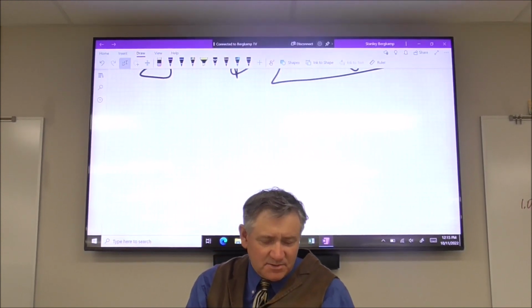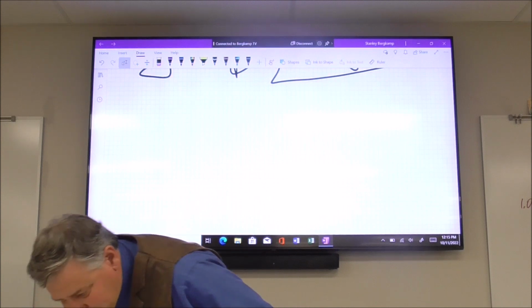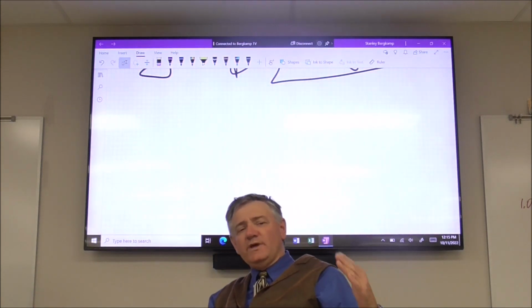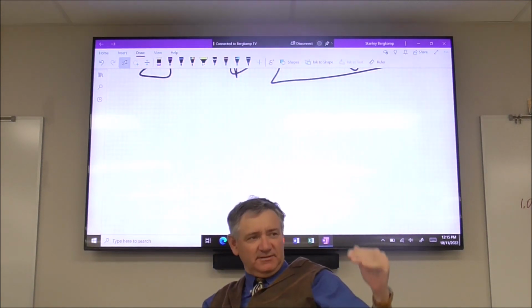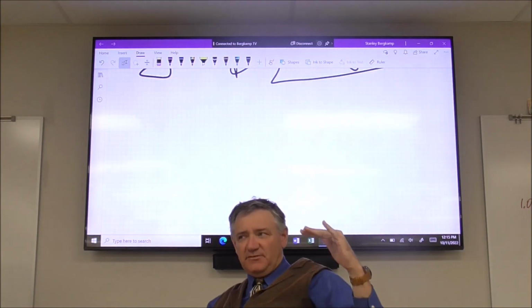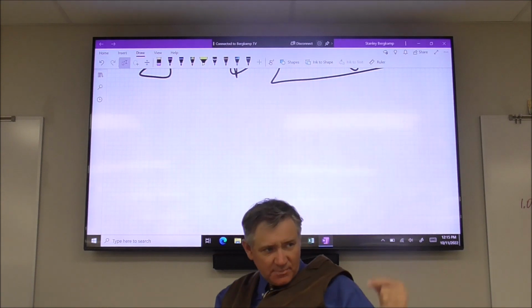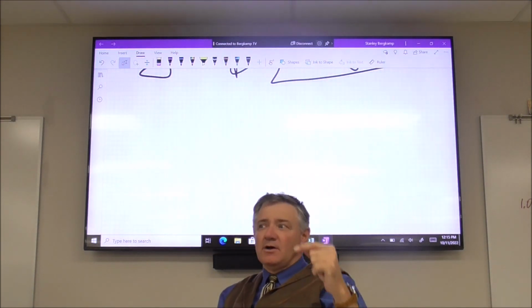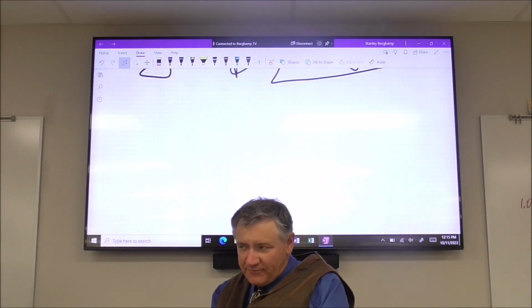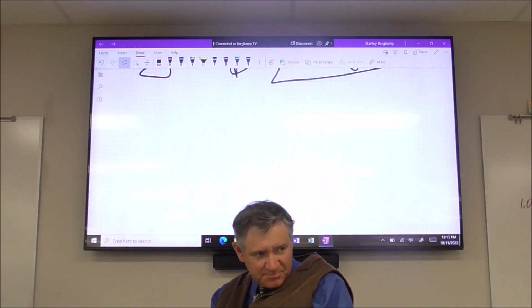So, here's the cool thing about that magnet. It always acts, listen to me, that magnet, in case you haven't figured out, always acts to oppose the motion. That magnet will never make something speed up.